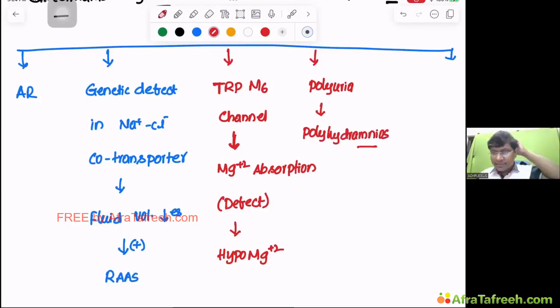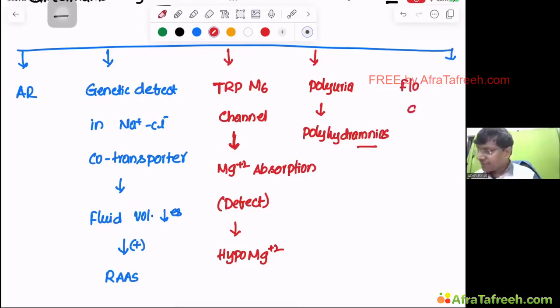And sodium and chloride are being lost, magnesium is lost. So there is salt wasting and hypomagnesemia. So you'll have features of dehydration.